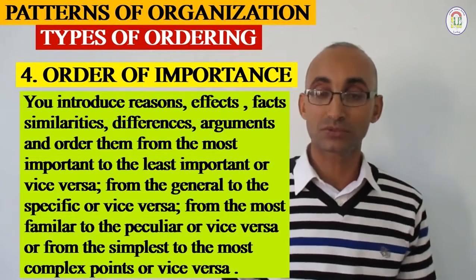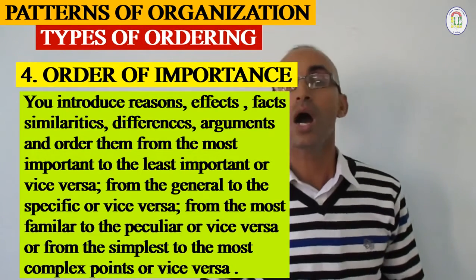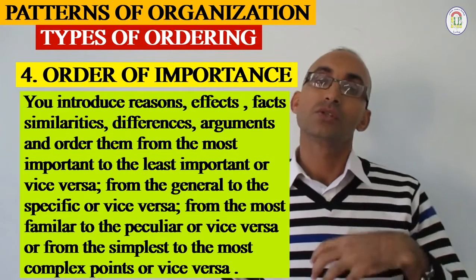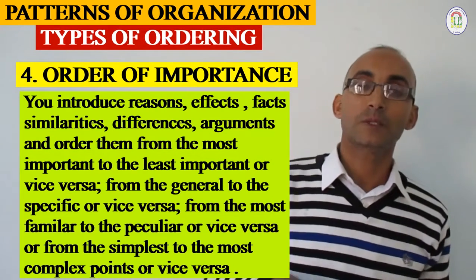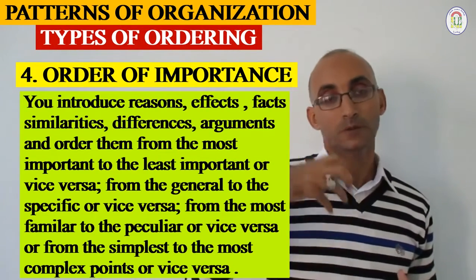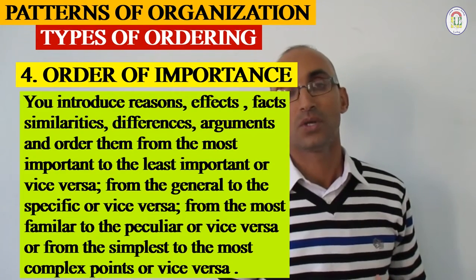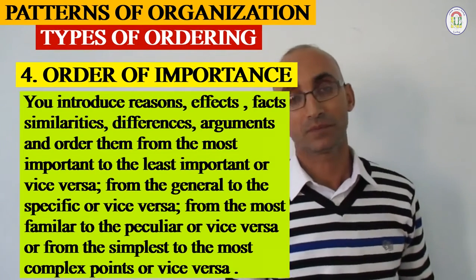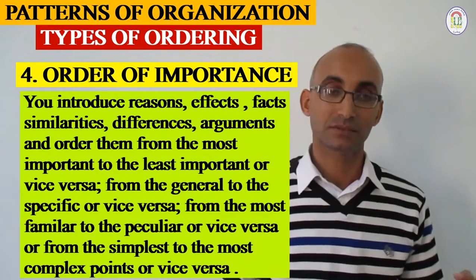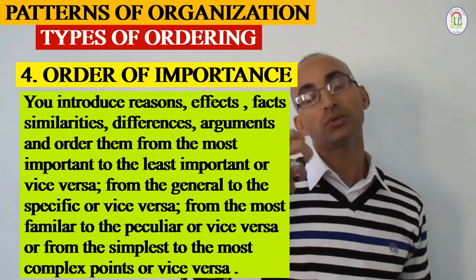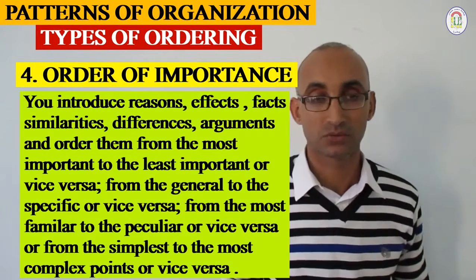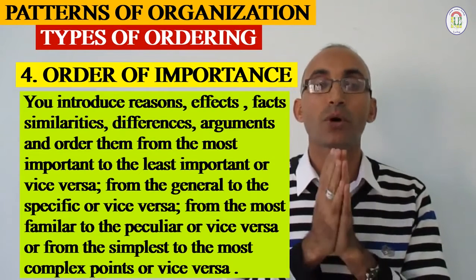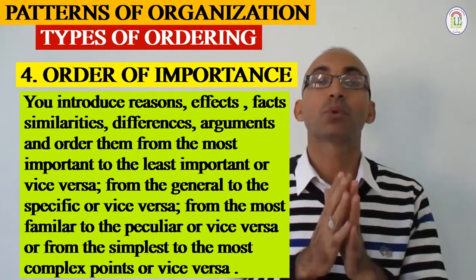From the least important to the most important, or you order your main points from the general to the specific, or vice versa, or from the most familiar points to the least familiar, or from the simplest to the most complex, or vice versa. You are free here. Just order your ideas, your points, according to their importance.